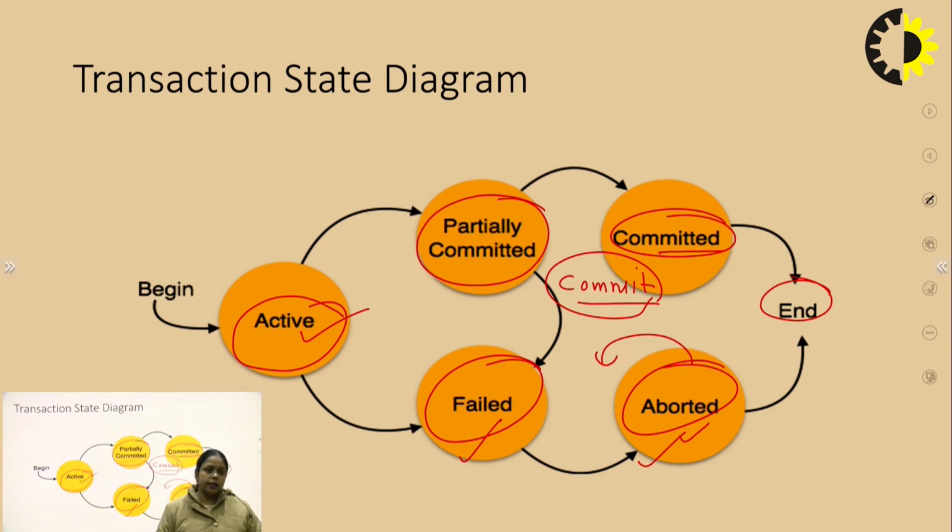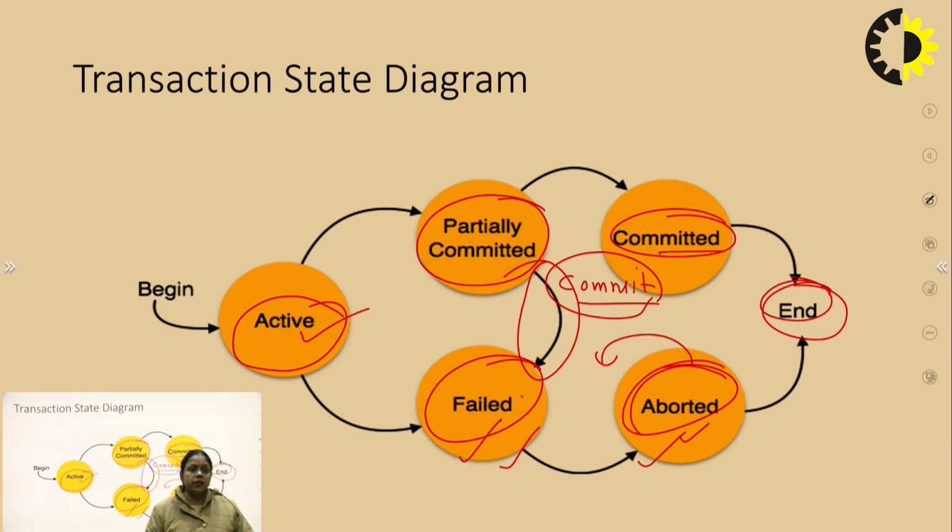Fine. So we cannot accept 10, 20 or 30% completion of a transaction, because we have to maintain atomicity. After the transaction is aborted, the next condition comes, which is known as the end. But there is a main concern here: a partially committed transaction can also fail, because there can be some integrity constraint reason.